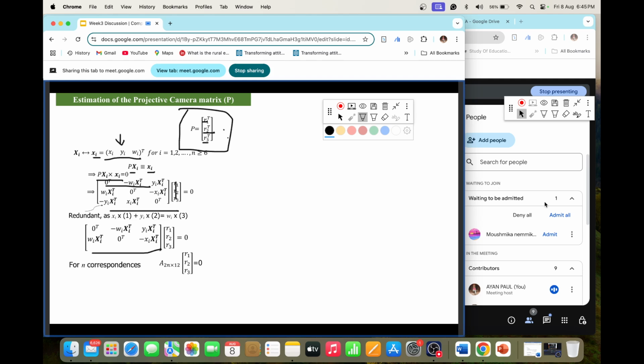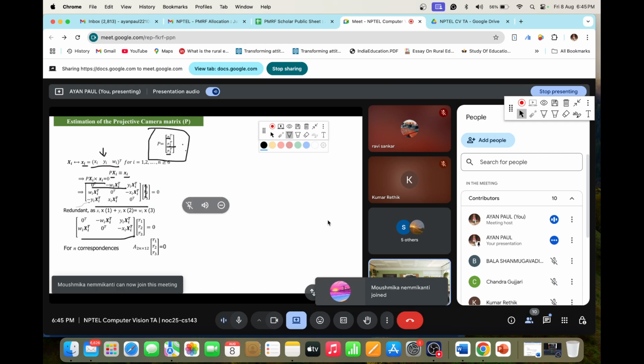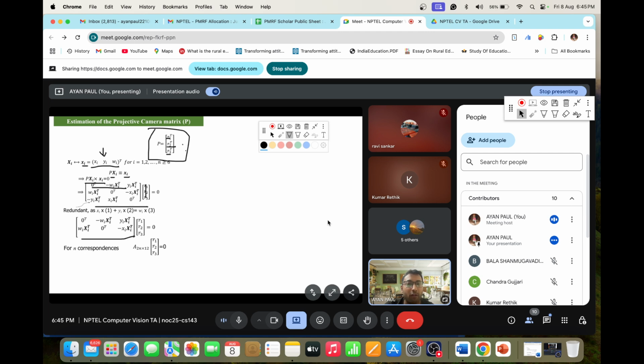So this is the idea behind this. Again in short, our DOF is 11. That means how many equations will we require? We will require exactly 11 equations to solve all the variables to get the P matrix. Now for getting these 12 equations, how many points do we require?